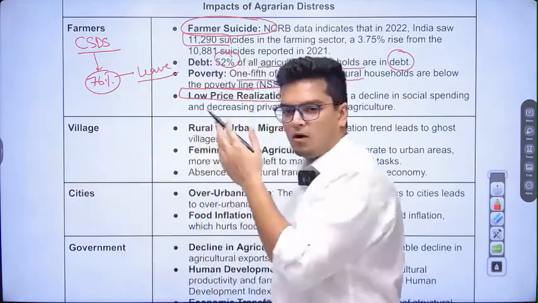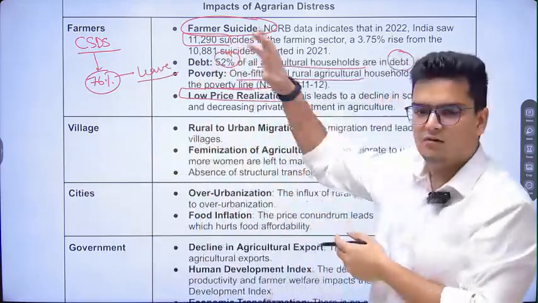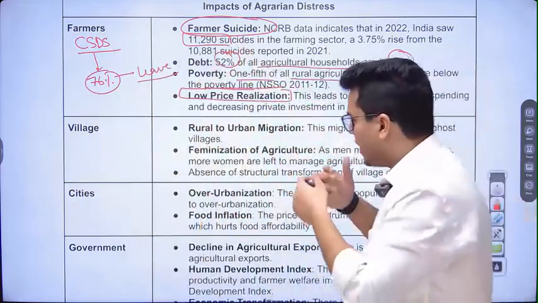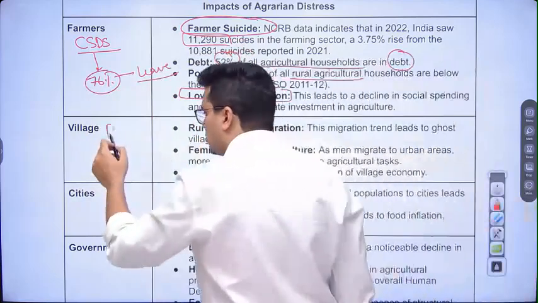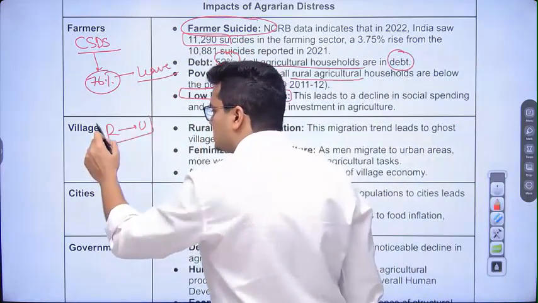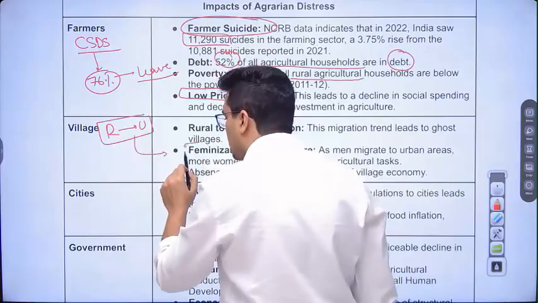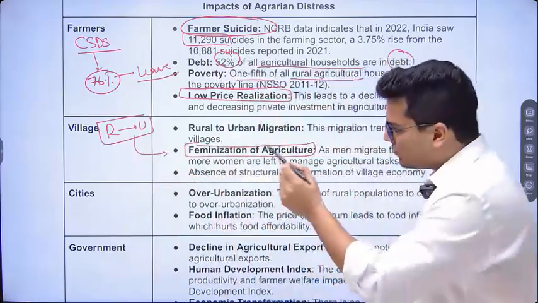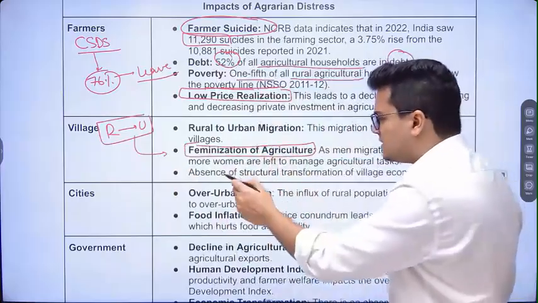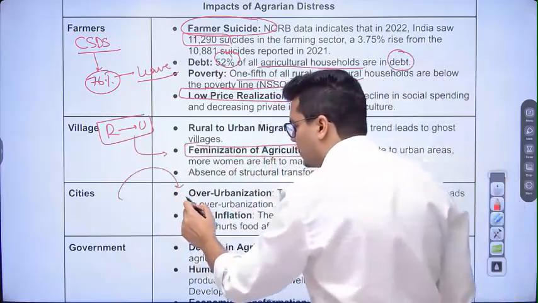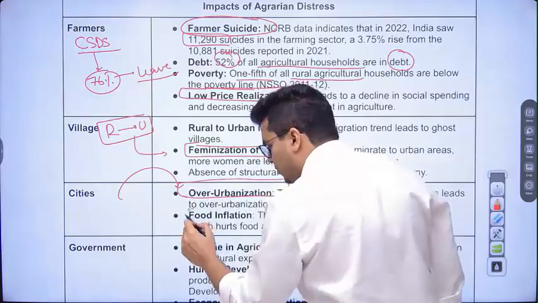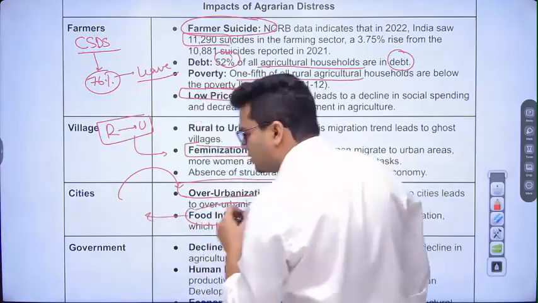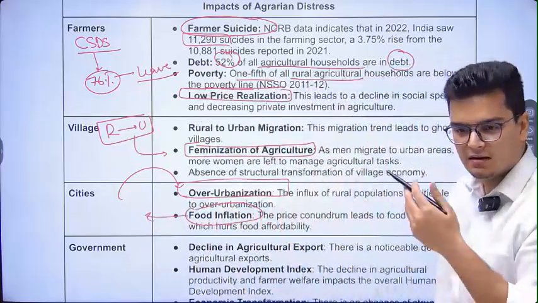And then what impact will it have on our food security? At the villages, there is rural to urban migration. Ghost villages are being created, and it is leading to feminization of agriculture. Because of rural to urban migration, our cities are facing the problem of over urbanization and very high food inflation because the agriculture sector is in distress.